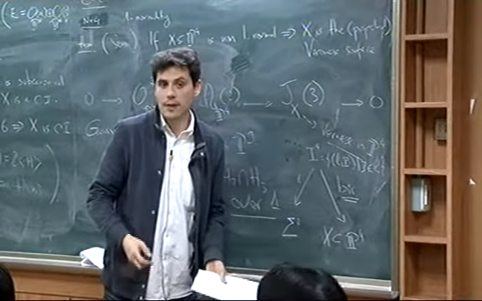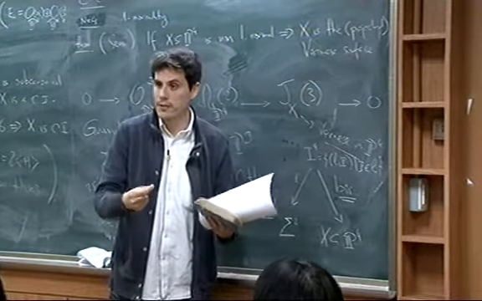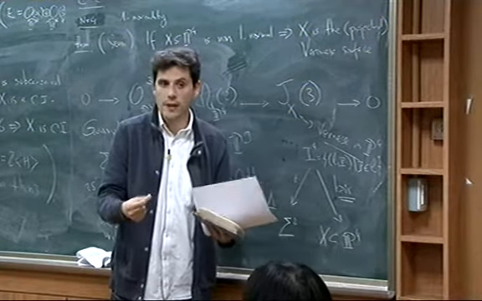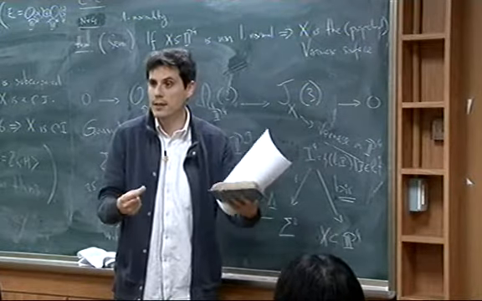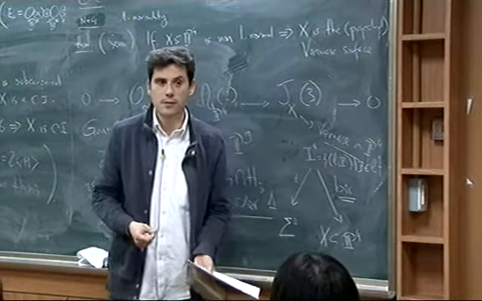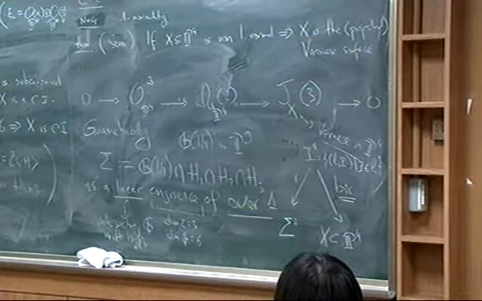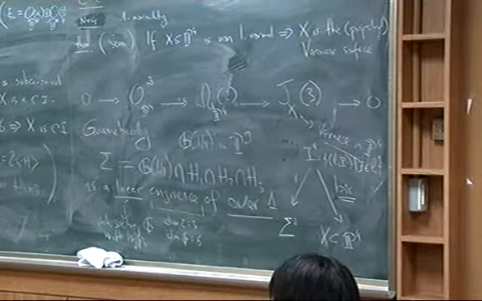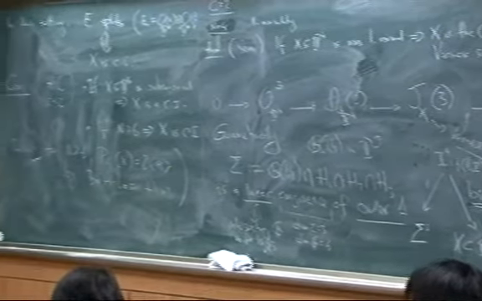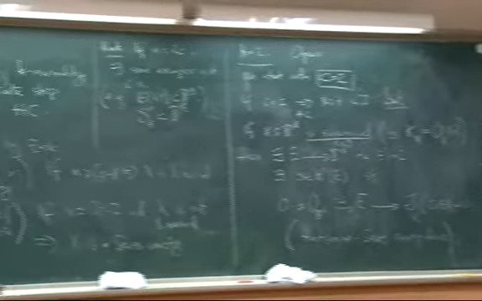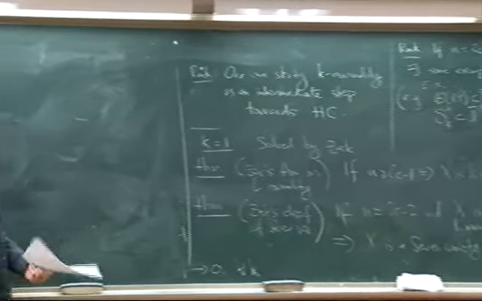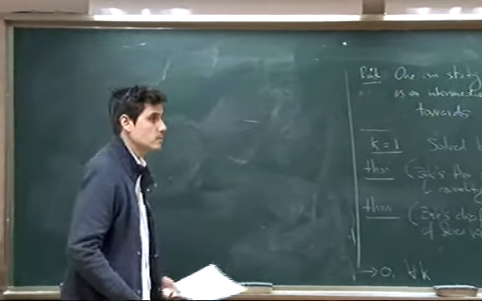Because by Zariski's main theorem, fibers are connected, so they cannot be finite, so they must be of positive dimension, right? And I have explained this example in detail because the Palatini scroll can also be described in the same way.